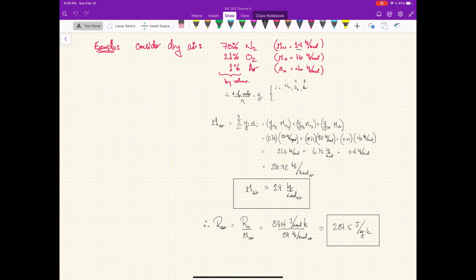Now, looking at this example with air, I have three different ideal gases making up atmospheric air. A valid question would be, what is the relative contribution of each of these gases to the overall pressure that the mixture of ideal gases has on a container that it's stored in?